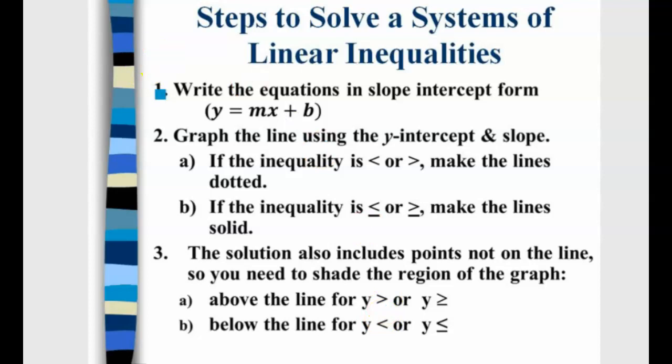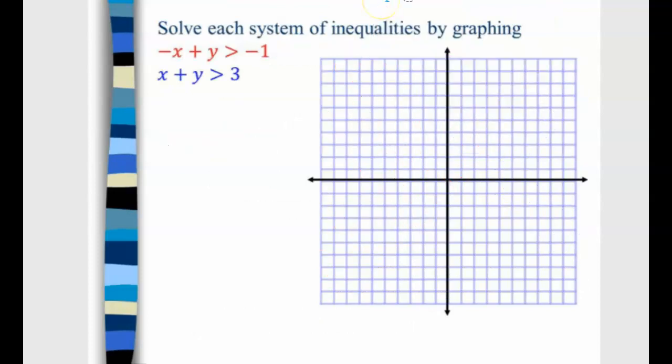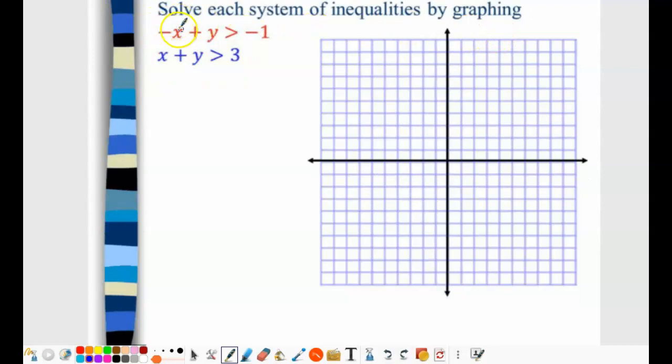So let's look at some examples involving linear inequalities. So as I previously stated, we want to get each of our equations into y equals mx plus b form. So what we're going to do is rearrange the terms so that the y value is solved for.